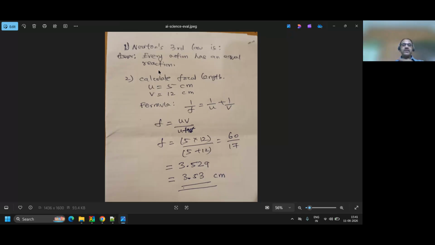He missed equal and opposite reaction, right? Partially correct. Now calculate the focal length. U is equal to 5 centimeter, V is equal to 12 centimeter. Formula is this: F is equal to UV by U plus V. Look at this, multiple strikes on this V. He has calculated that and then shown 3.53 centimeters. This is what the student has written.